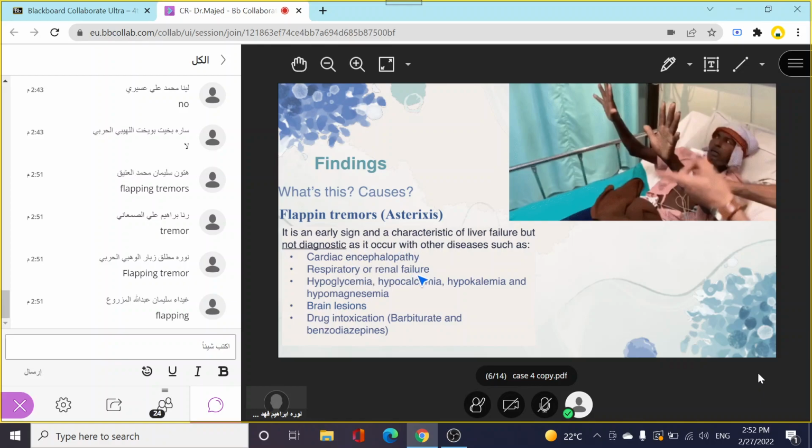It could be respiratory or renal failure, as Yara mentioned. It could be hypoglycemia, hypocalcemia, and hypokalemia. It could be hypomagnesemia, brain lesions, or drug intoxications like barbiturate and benzodiazepine.